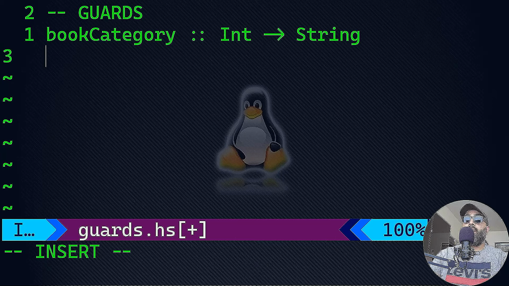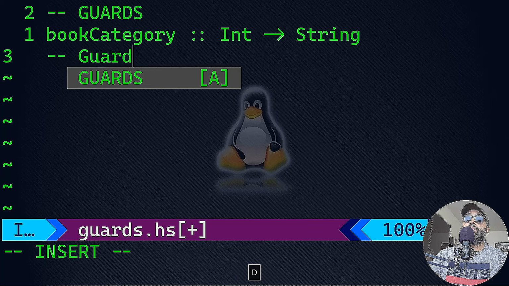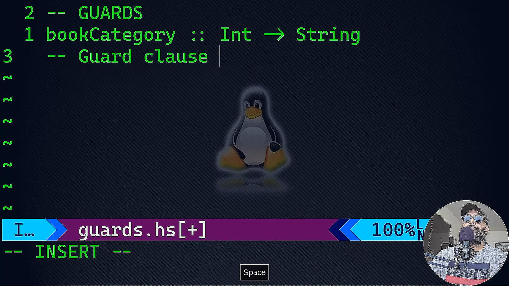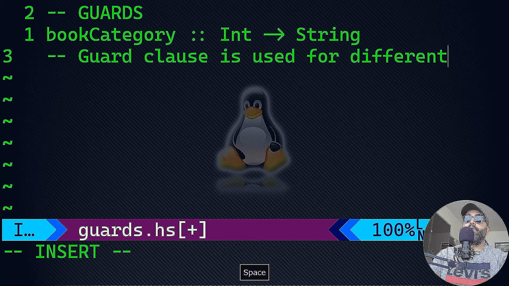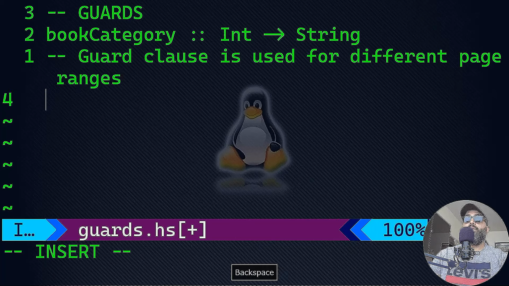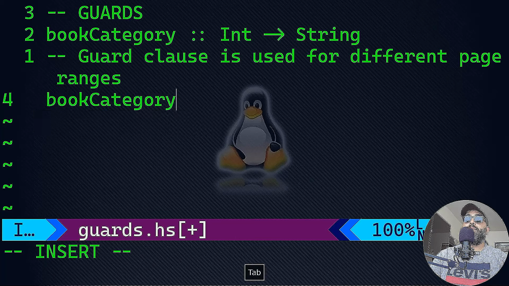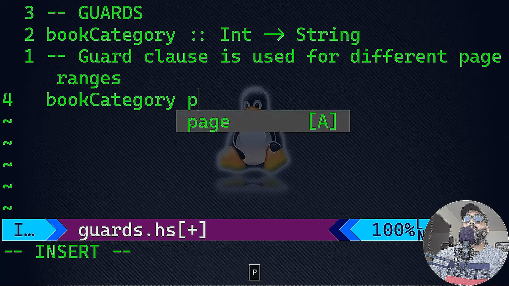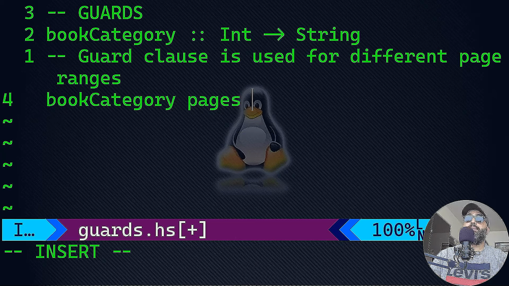Now, the guard clause, so that's a clause, by the way, right? The guard clause is used for different page ranges. So in order to apply our function, we will use the book category for different amounts of pages, right?